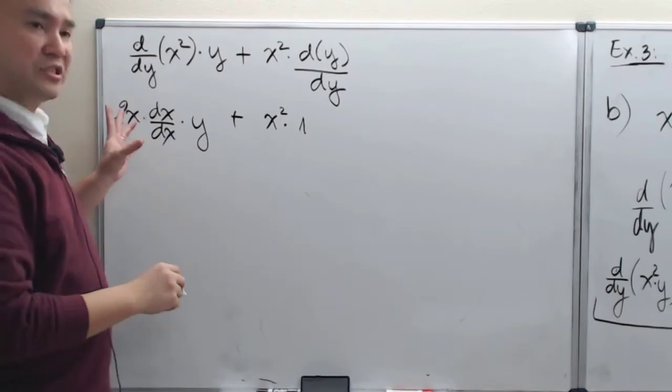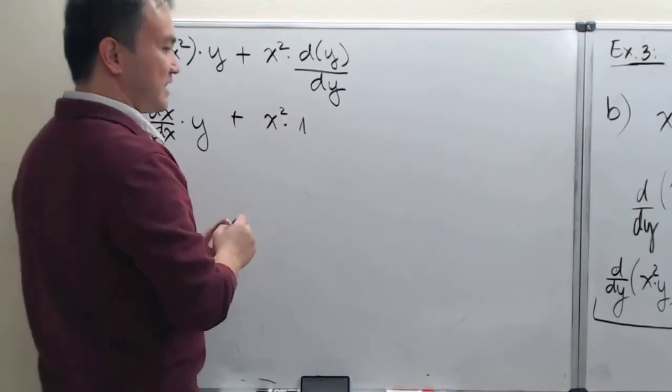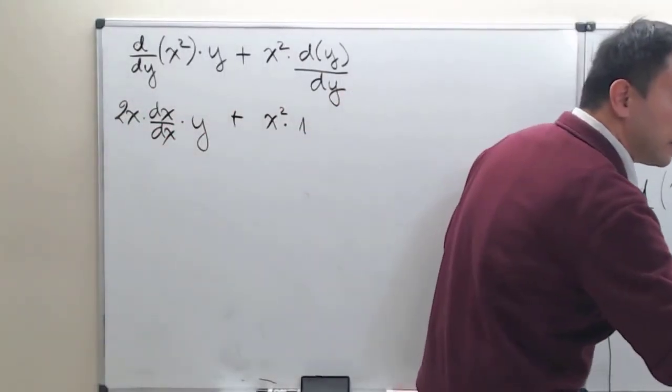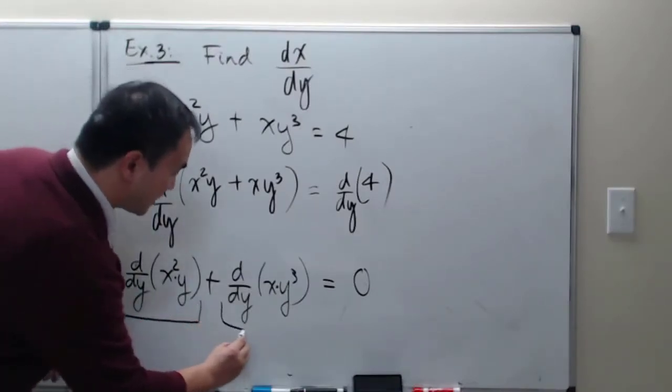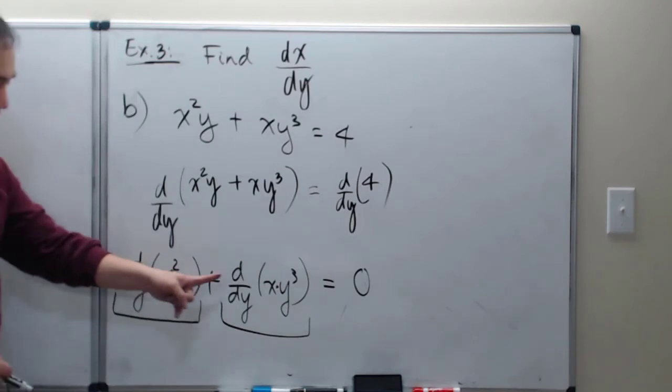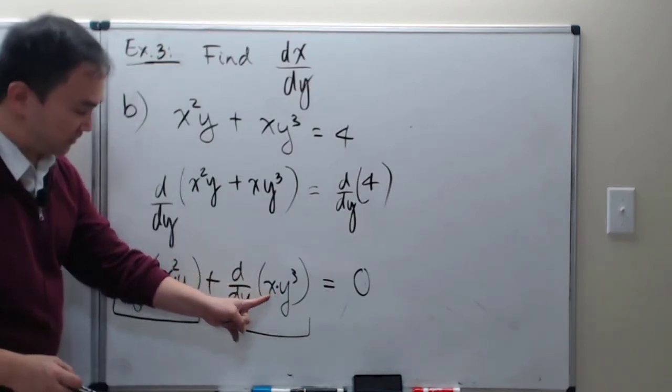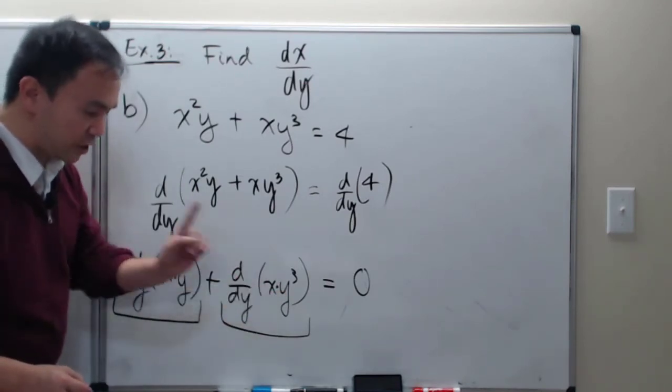But now I'm not done really. All of that here takes care of my derivative of the first term. And now I'm going to underline the next term here. The next term here has a product again of the two factors, x and the y cubed like that.